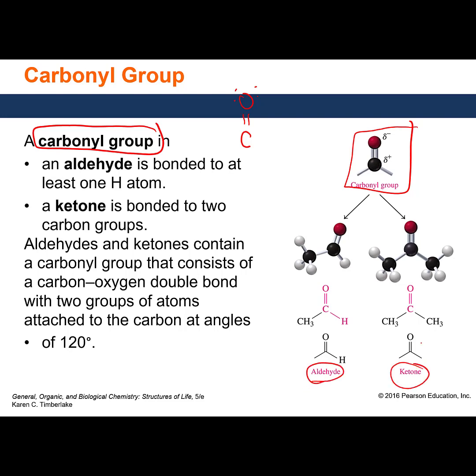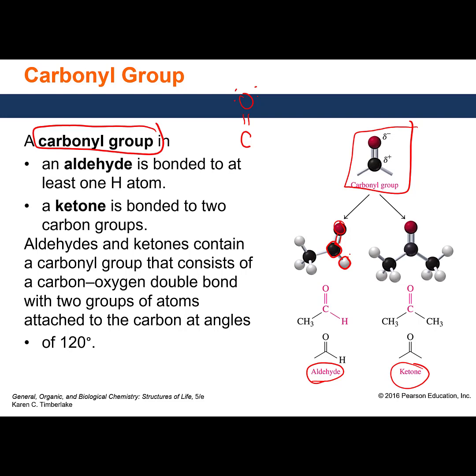The difference is its placement within that backbone. If it's at an end, where the carbon that's bound onto our oxygen has a hydrogen attached also, then we have an aldehyde.